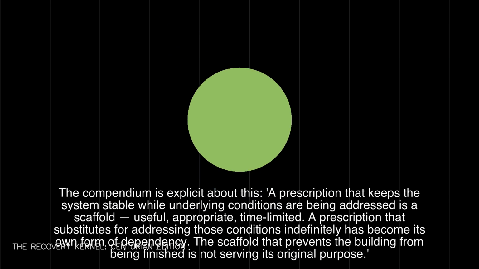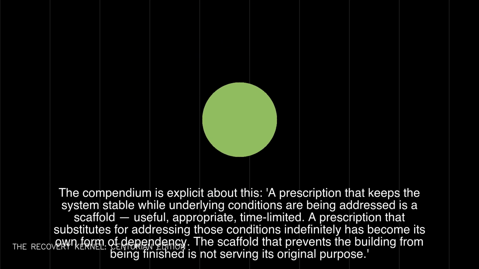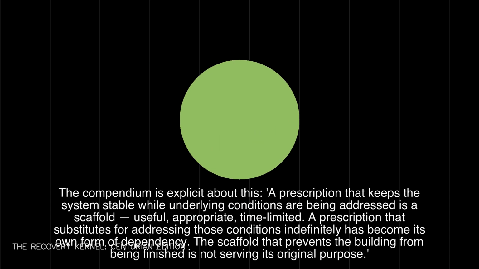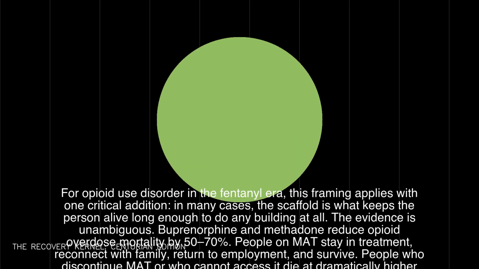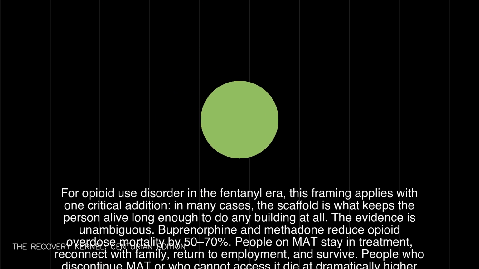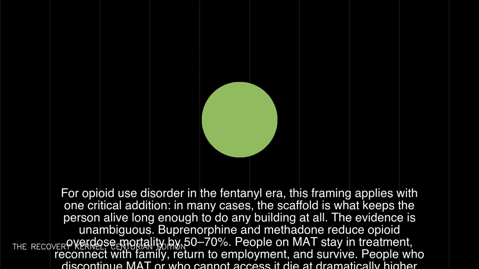For opioid use disorder in the fentanyl era, this framing applies with one critical addition. In many cases, the scaffold is what keeps the person alive long enough to do any building at all. The evidence is unambiguous. Buprenorphine and methadone reduce opioid overdose mortality by 50 to 70%. People on MAT stay in treatment, reconnect with family, return to employment, and survive.